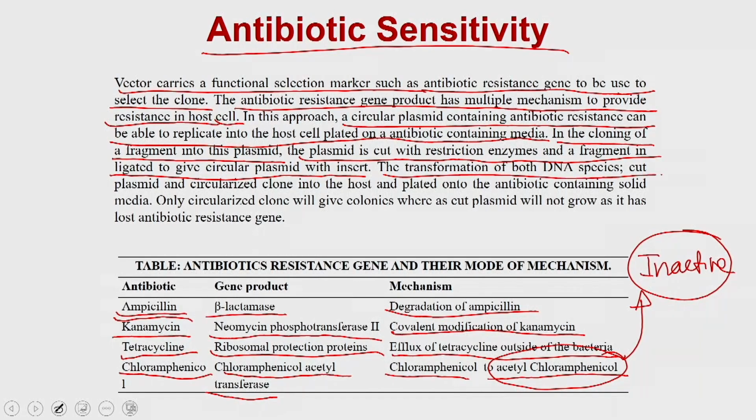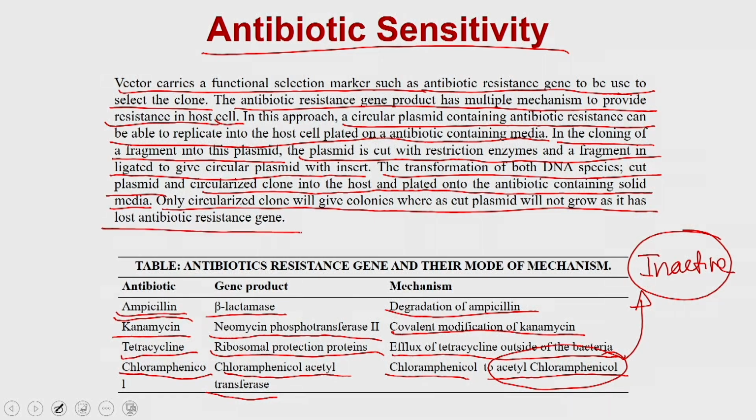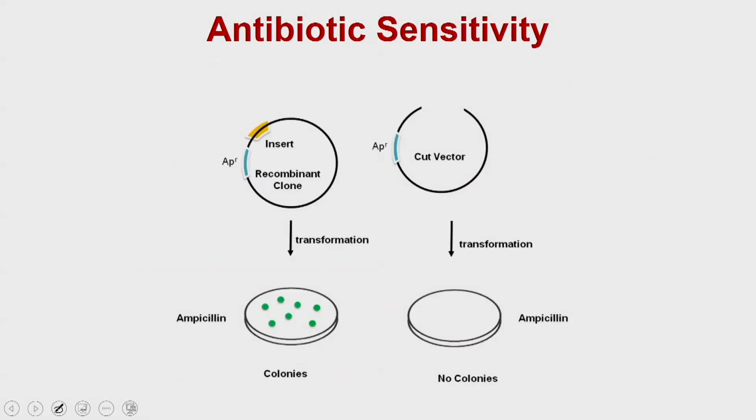The transformation of both DNA species, the cut plasmid and the circular clone, into the host and plated onto antibiotic-containing media: only the circularized clone will give you colonies, whereas the cut plasmid will not grow as it has lost the antibiotic resistance gene. If you put the insert into the plasmid and go for a ligation reaction, it will give you the circular plasmid, whereas in the other case you have linear plasmids.